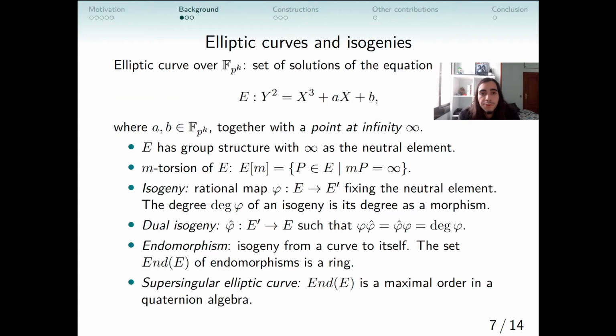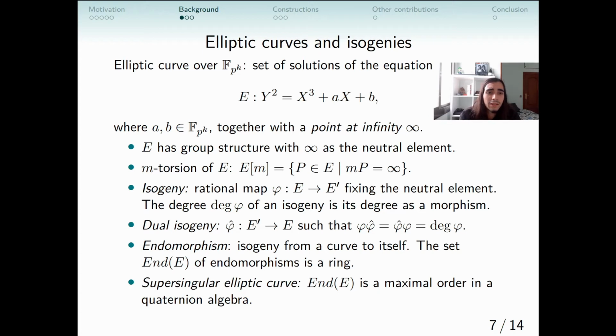So elliptic curves over a finite field are sets of solutions of equations of this form: y squared equals x cubed plus ax plus b, where a and b are coefficients in this case of a finite field. And to these points we are going to add one more that is called the point at infinity.